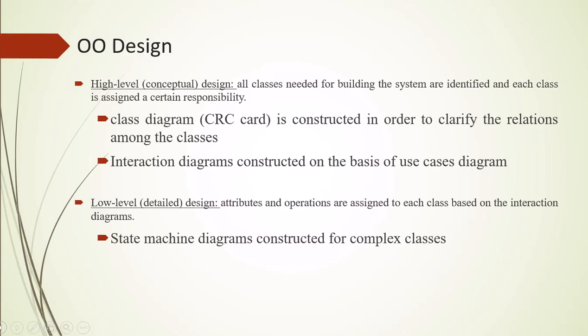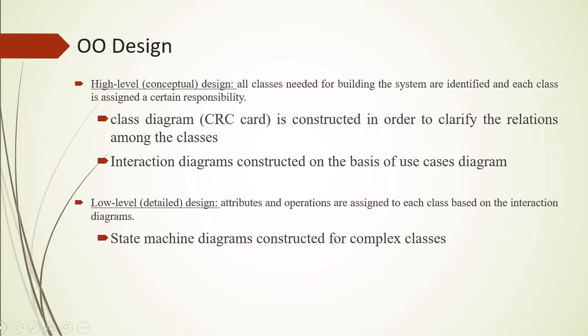Alternately, this means every component has a particular responsibility. A component is responsible for doing some task. This means all the classes needed for building the system are identified first, and each class is assigned a certain responsibility.